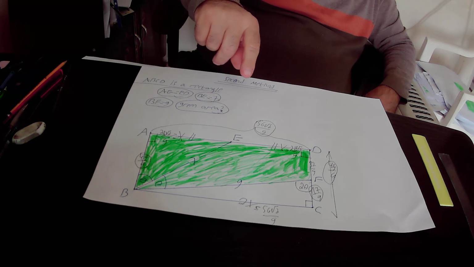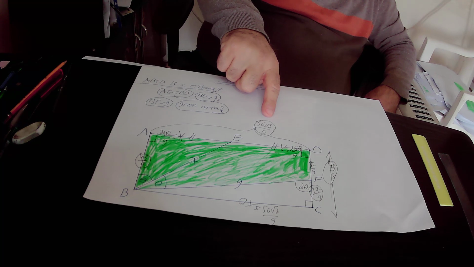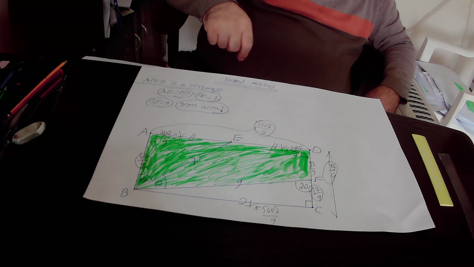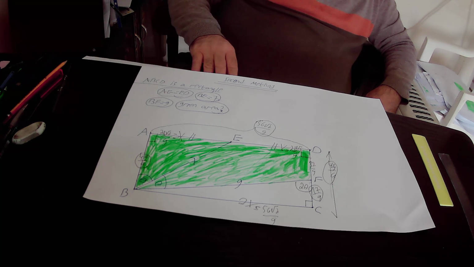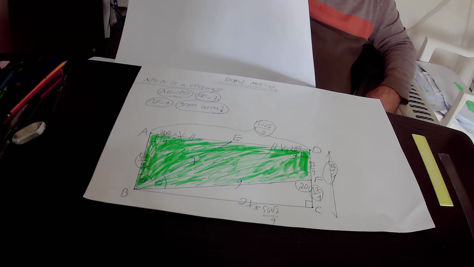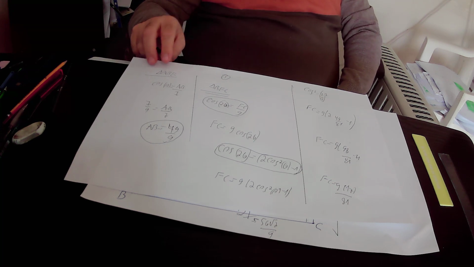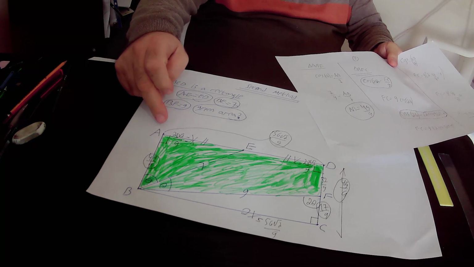Therefore, 2x is 56 times square root of 2 over 9, and AD equals BC, therefore BC will also equal 2x. That is 56 times square root of 2 over 9. Then in the right triangle ABE, cosine theta equals AB over 7.